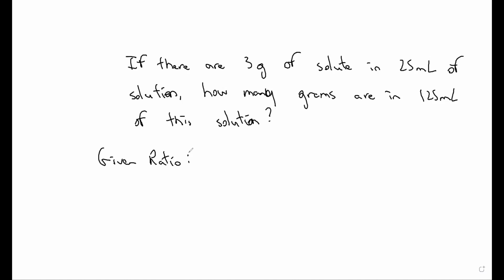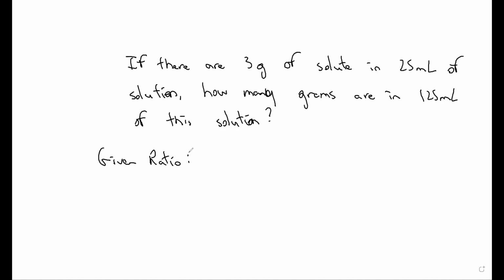There's a clear connection between those. There's no real connection between like 25 milliliters and 125 milliliters. Those are just incidental, but it does specifically say 3 grams is in 25 milliliters. So you take that solid piece of complete information and you create a given ratio with it.